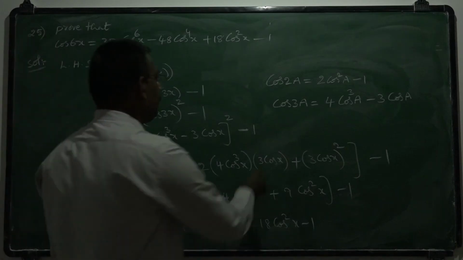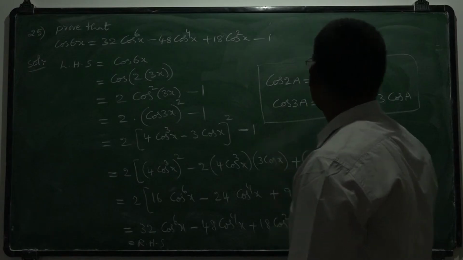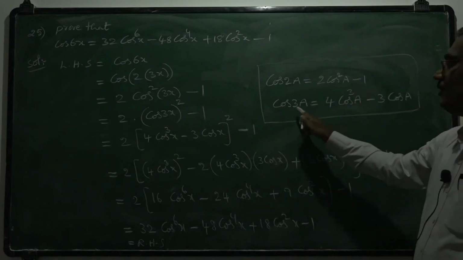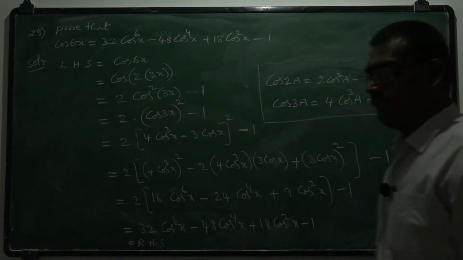So in this problem we use these two formulas: cos 2a equal to 2 cos square a minus 1 and cos 3a equal to 4 cos cube a minus 3 cos a.